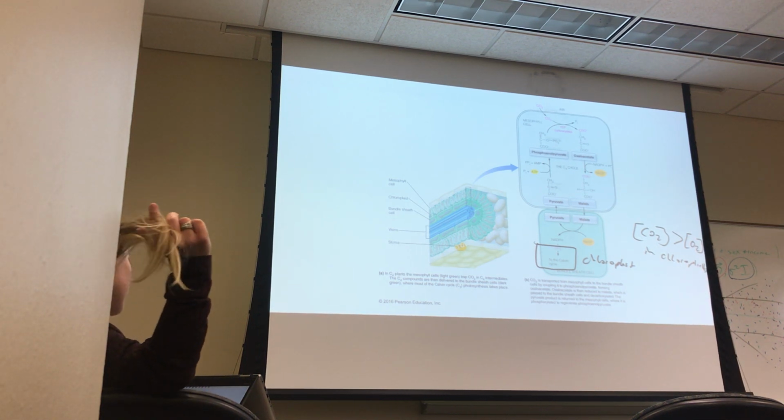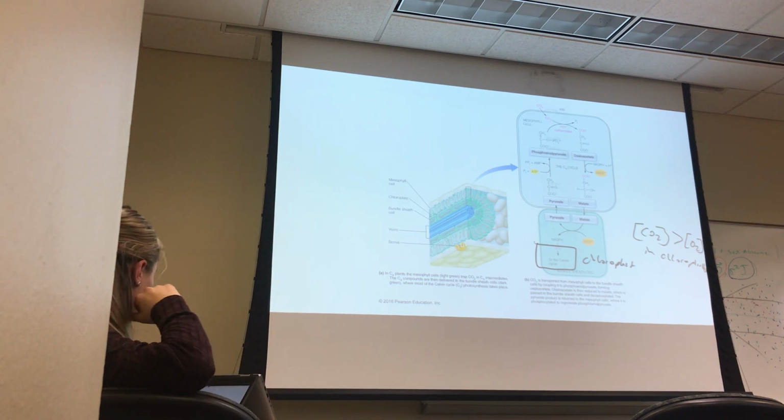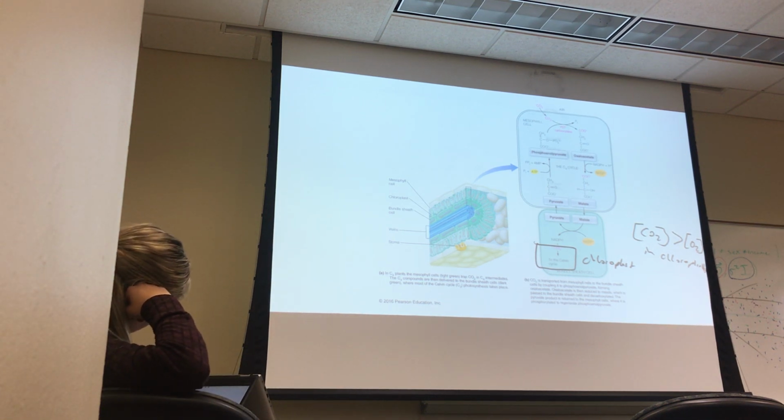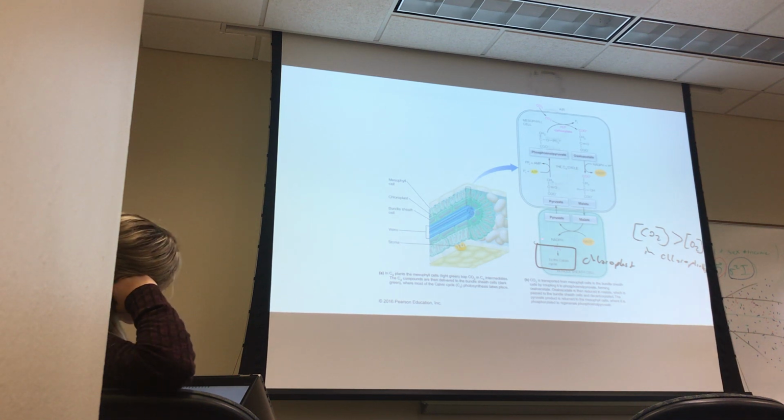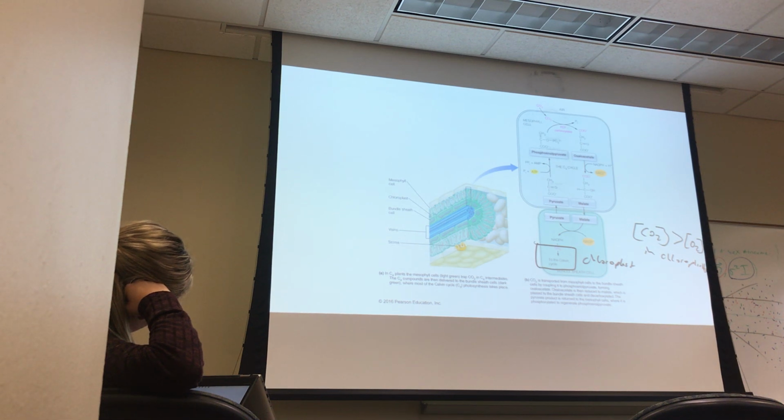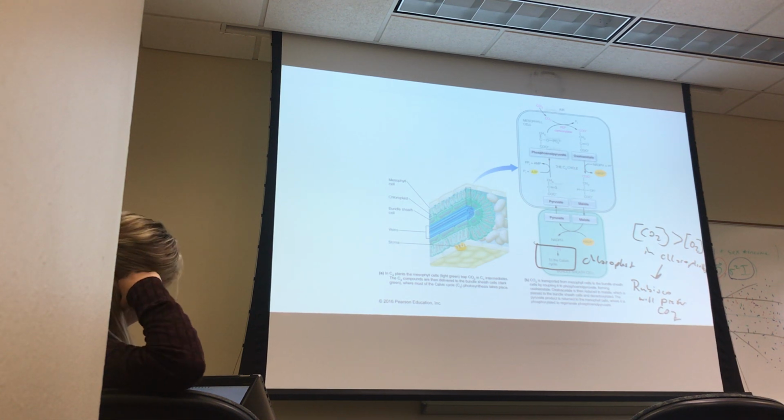So the C4 cycle is a cycle to sequester CO2, fix it, so that it can basically deliver that as CO2 in the chloroplast where it does the dark reactions. And it increases the amount of CO2 so that Rubisco will prefer CO2. So that's what that C4 cycle is.